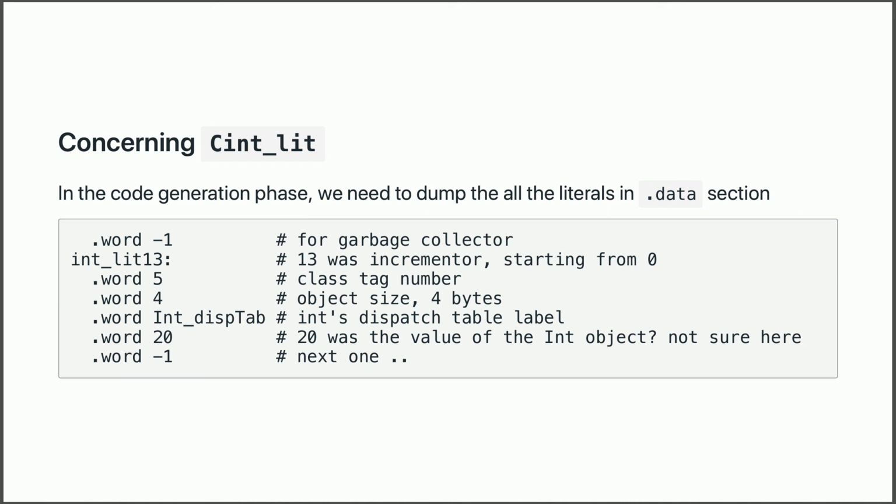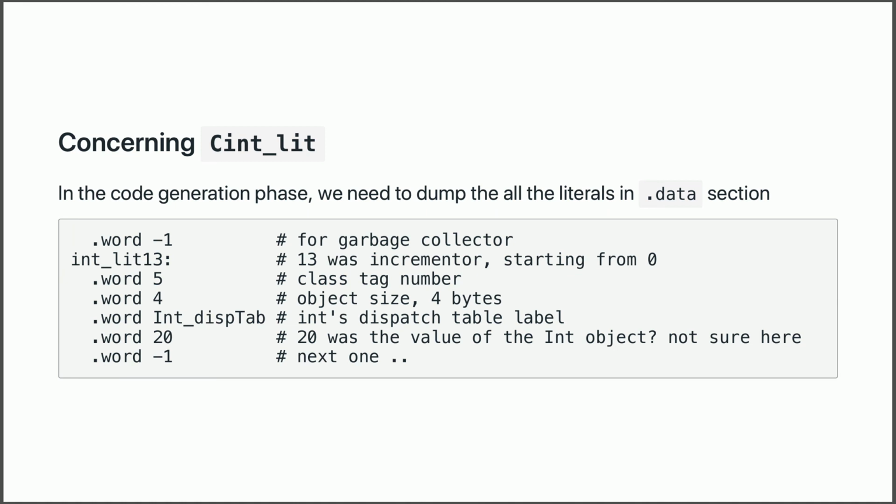And then .word, which again means some 4 bytes. The next one, 4, is the object size, so integer is 4 bytes, makes sense. And there's a dispatch table, the int dispatch table.